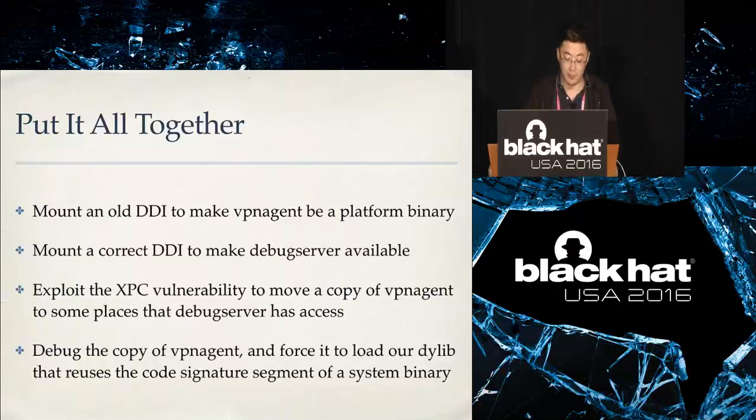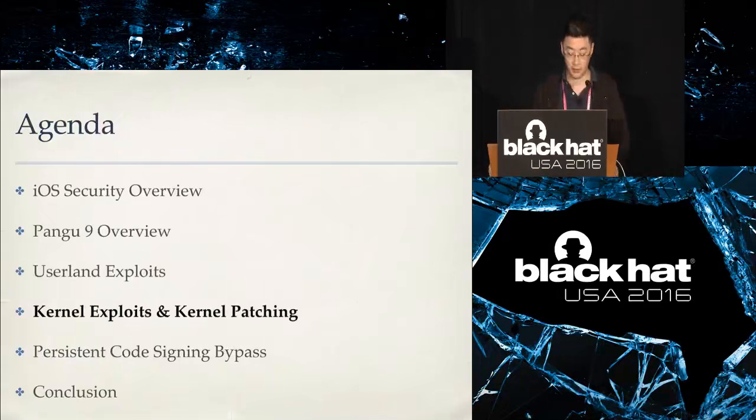And now we debug this copy of the VPN agent and force it to load our dynamic library. And the dynamic library is carefully designed so we can bypass code signing and team ID validation. So now we'll continue to introduce the kernel part and how to achieve the persistent code signing bypass.